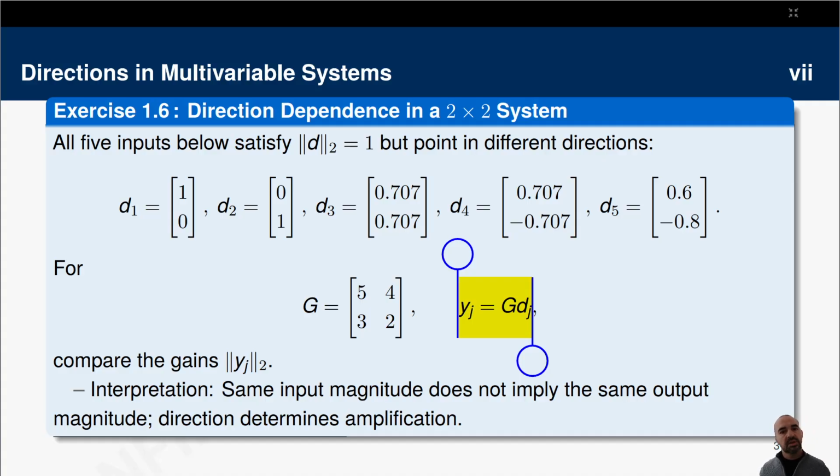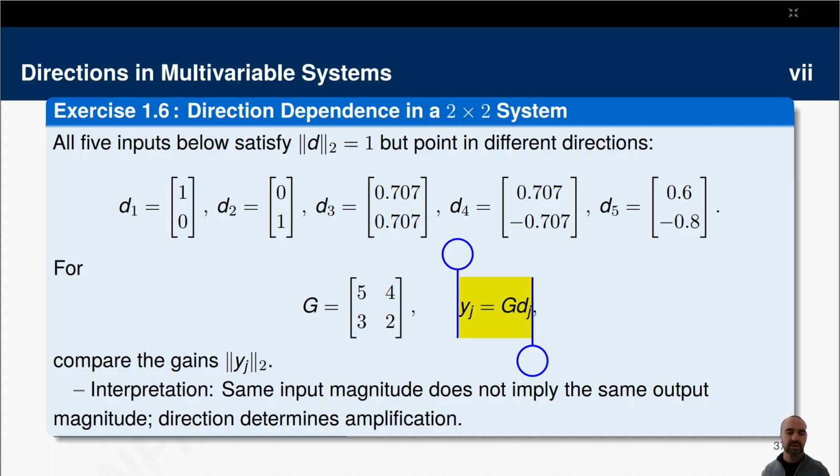And ask yourself, before going through the computations, which direction do you expect to excite the system more? For example, D3 or D4. So, how symmetric excitation works out versus anti-symmetric excitation.